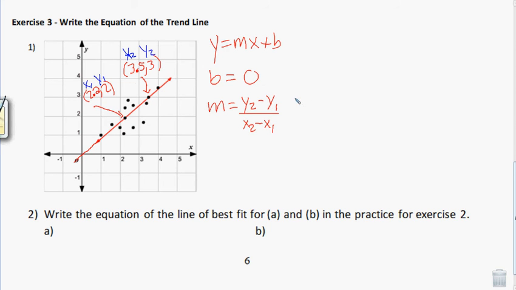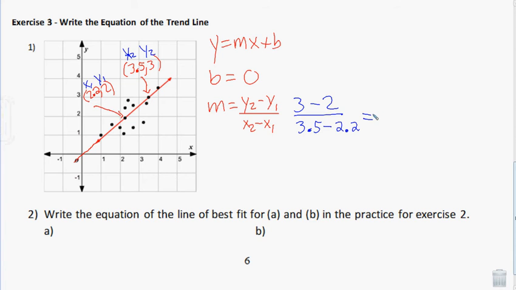So I would do 3 minus 2 over 3.5 minus 2.2. And I would allow a calculator on this stuff because sometimes it's a little tricky for you guys to figure out.